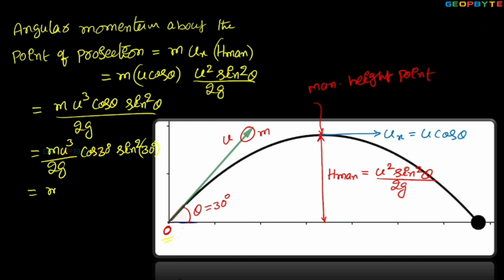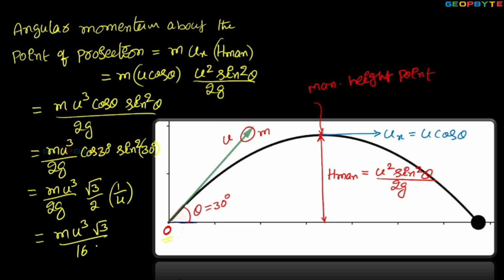It is equal to m u cube by 2g into cos 30 equal to root 3 by 2 into sin 30 is 1 by 2, 1 by 2 square, which I can write directly as 1 by 4. Now simplify. 4 into 2, 8. 8 into 2, 16. m u cube into root 3 by 16g. That is the answer.